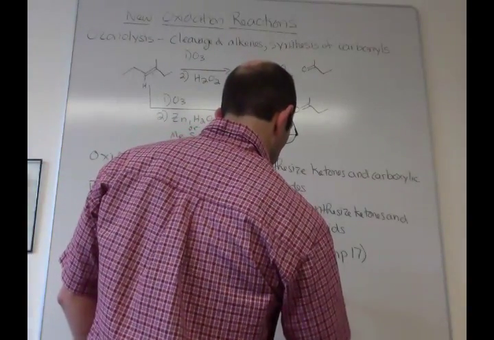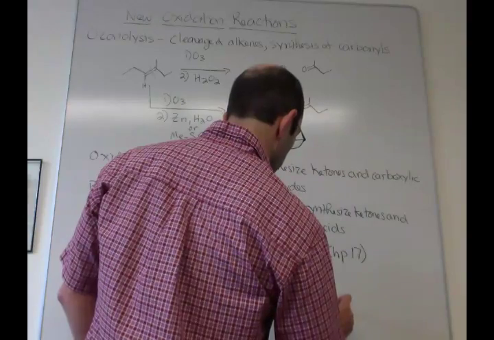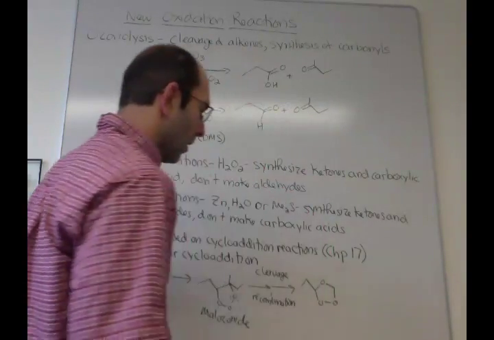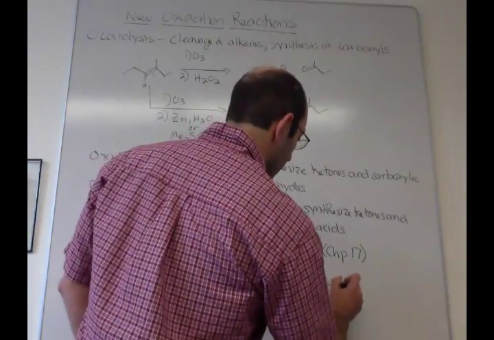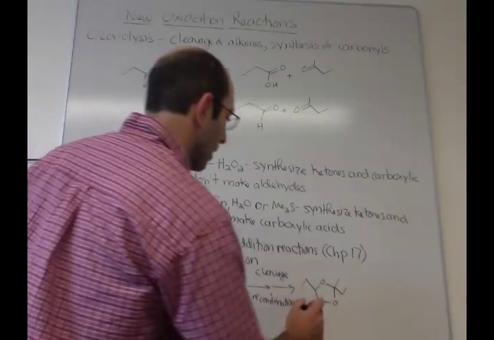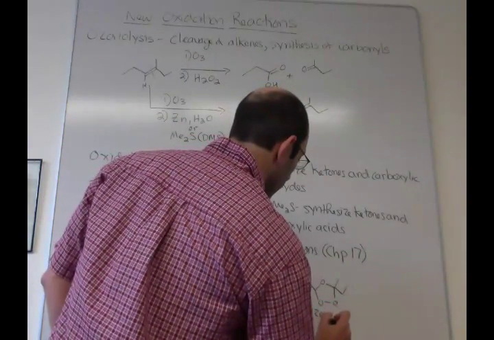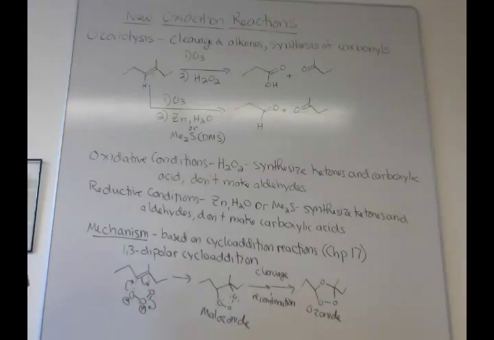But what we end up with then is a different 5-membered ring compound in which the cleavage has occurred. And that is called the ozonide. And you can see that we've already cleaved the carbon-carbon bond at this point.